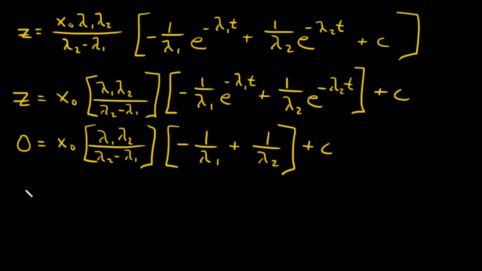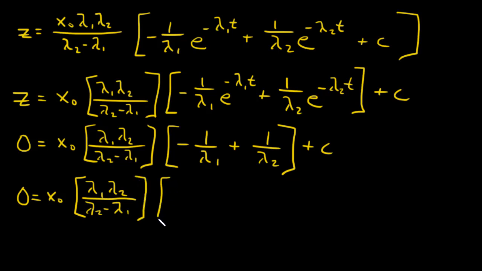So 0 equals x naught times lambda 1 lambda 2 over lambda 2 minus lambda 1 times, if my common denominator is lambda 1 lambda 2, negative lambda 2 plus lambda 1 over lambda 1 lambda 2, plus c.